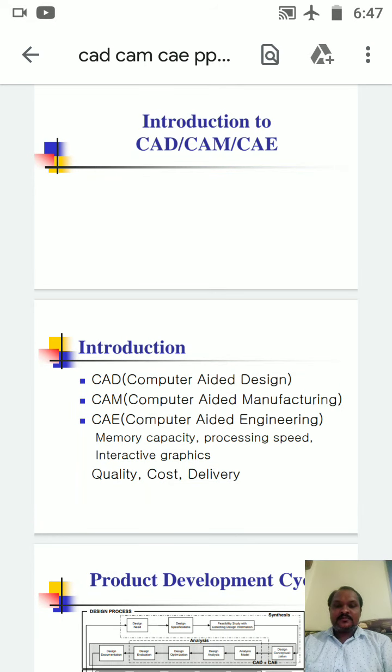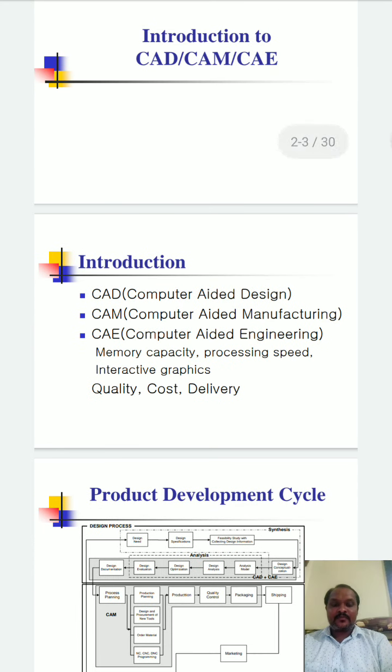So welcome friends. We'll have the next lecture, the introduction to CAD, CAM and CAE. In this introduction we are focusing on the product development cycle. The product development cycle is a very important part of every product, that should start from the starting point to the end point, which we can call cradle to grave.